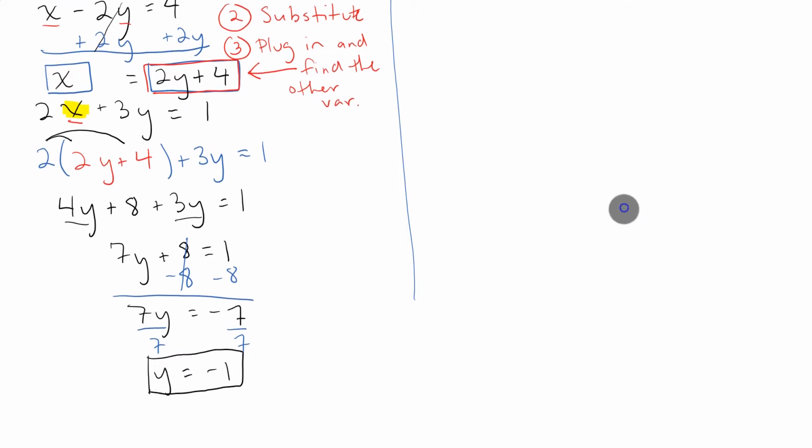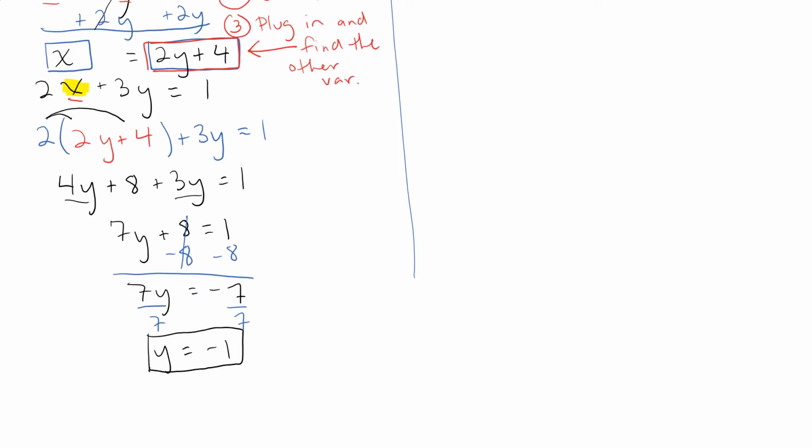So let's do that. So I have x is equal to 2y plus 4. Well, we know y is negative 1. And so this is going to give us x is equal to negative 2 plus 4, which is equal to 2.